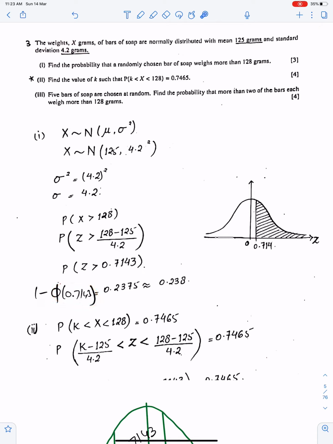If you are using the silver calculator, then put this number in your calculator, it will give you this answer, subtract this answer from 1 and get this answer. If you are using the latest model of the calculator, then get this area like put this as lower limit, this as the upper limit, your calculator will give you this answer, subtract this answer from 0.5 and get this area.